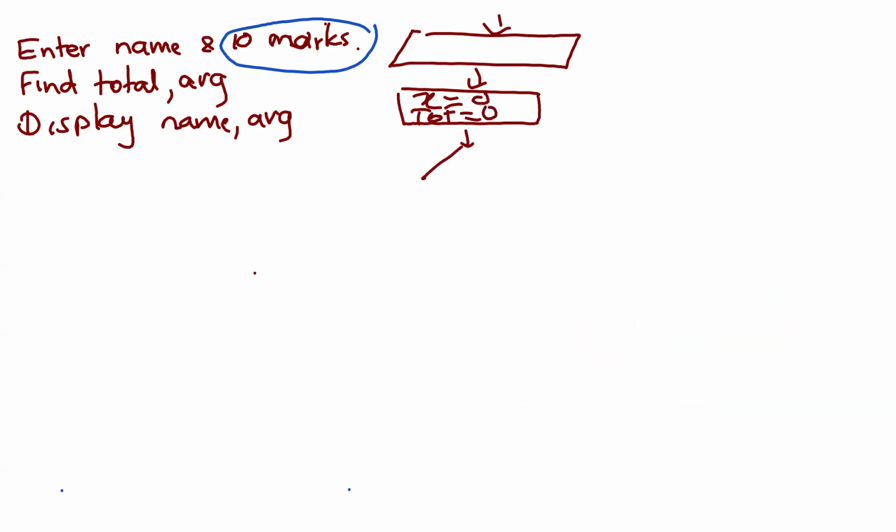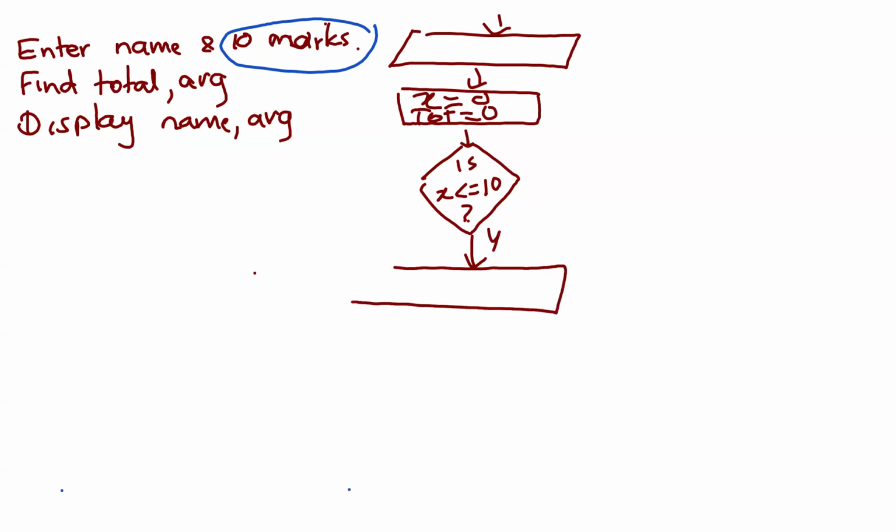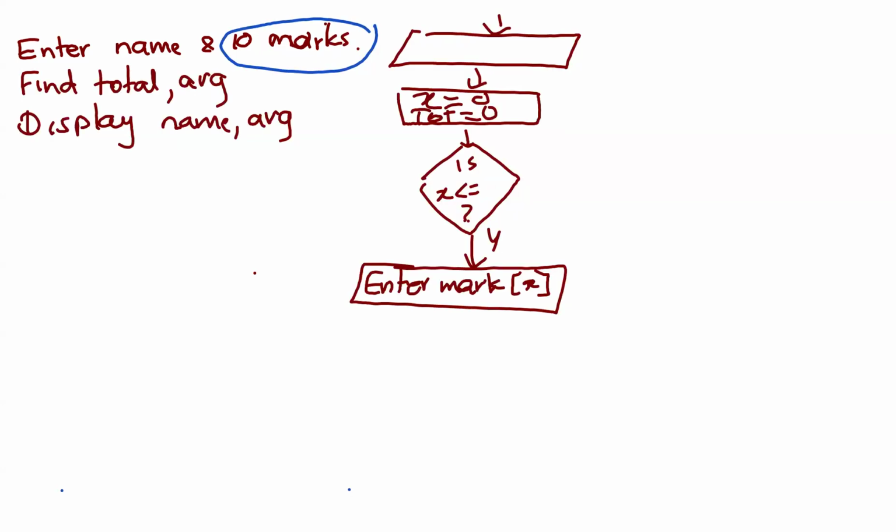Then, is x less than or equal to 10? If it is yes, enter what? Enter the variable, the name is mark, but it's an array. Another thing: here we have started with 0, so the ending value is 9.